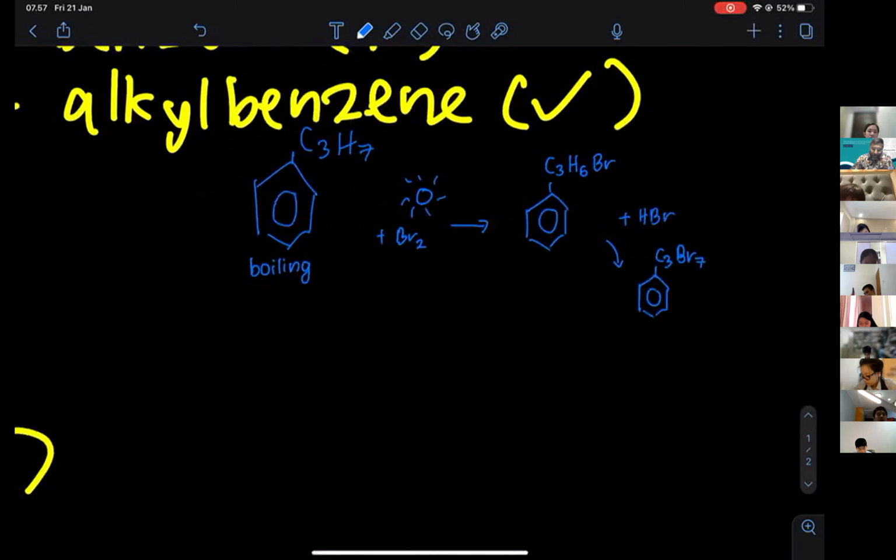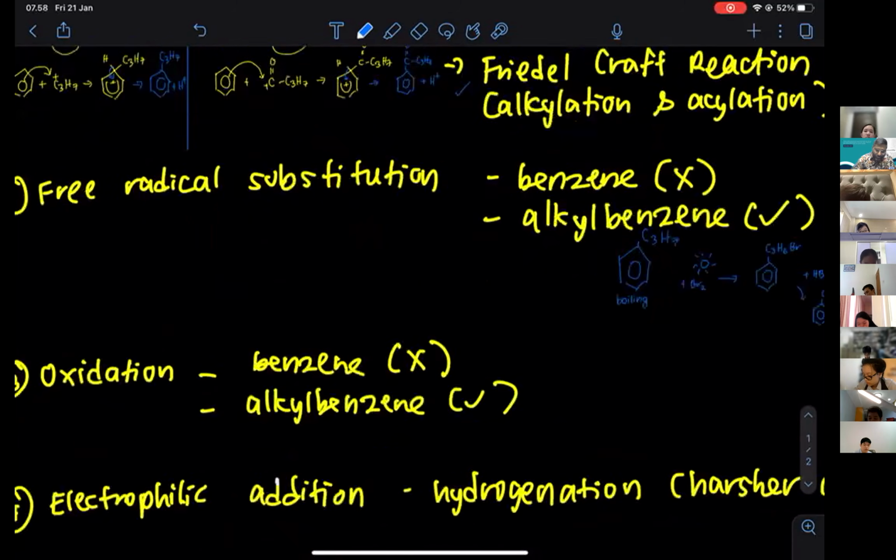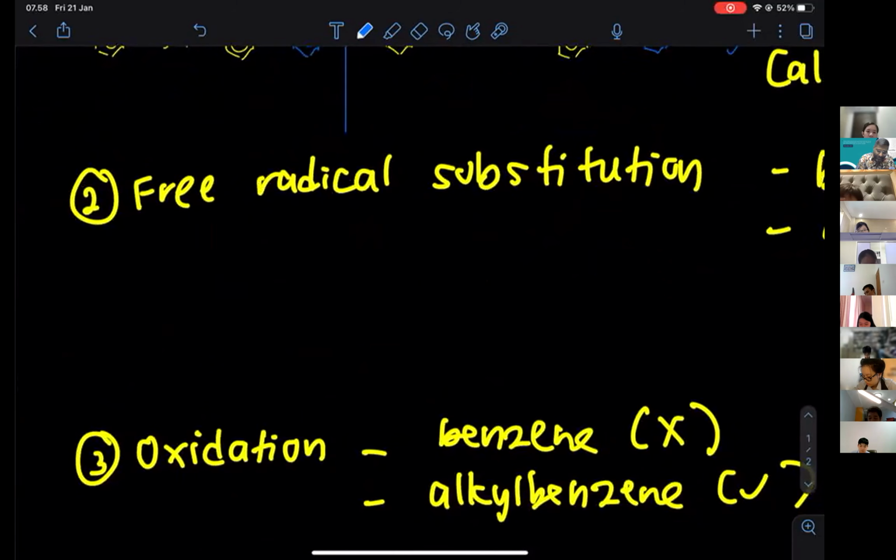But what I want to show you today is, let's say, in a simple sense, if I have a methyl benzene and I react it with Cl2 under the presence of UV light, and this is boiling.